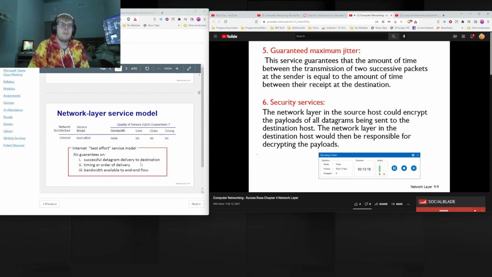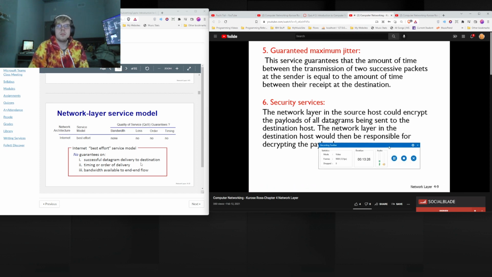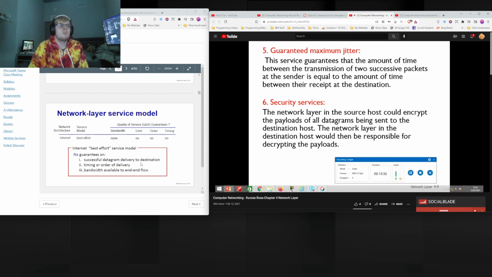Next is maximum jitter. So basically, what is jitter? Jitter is the delay in the arrival time of subsequent packets.